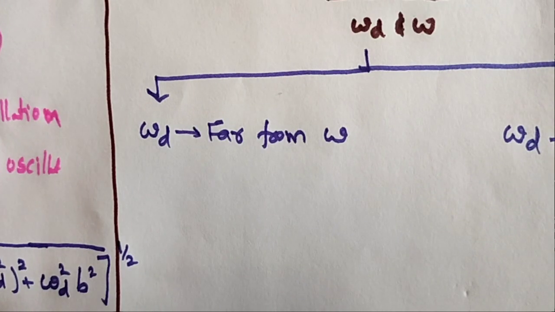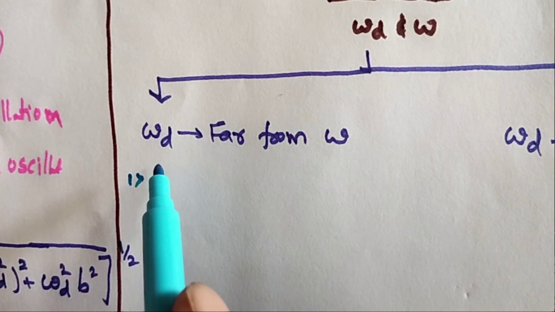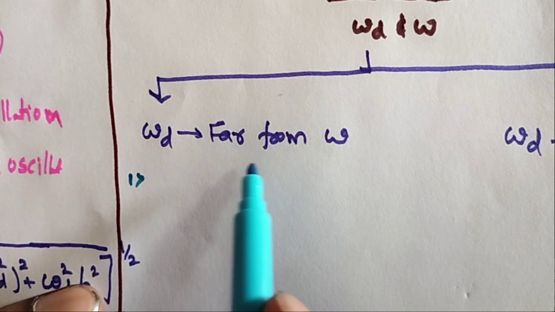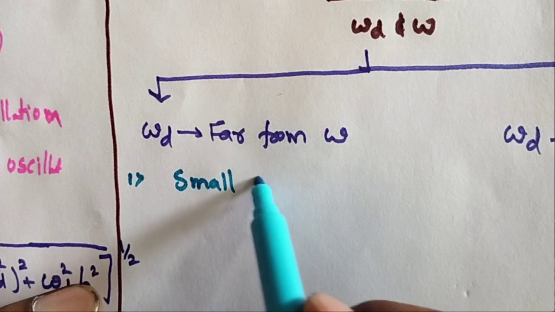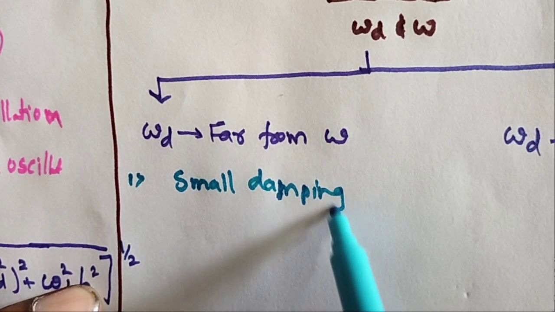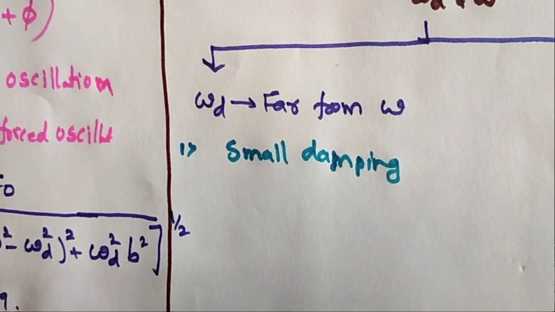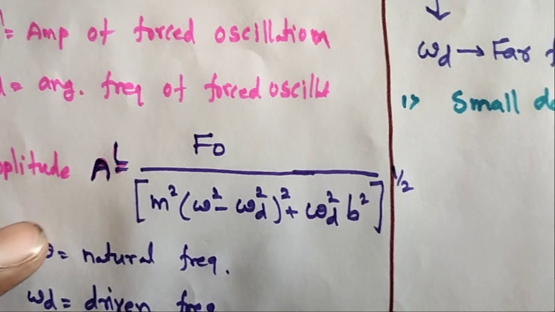So I will explain the first case. Here omega d is far away, which means it is a small damping case. In the small damping case, what is the amplitude?